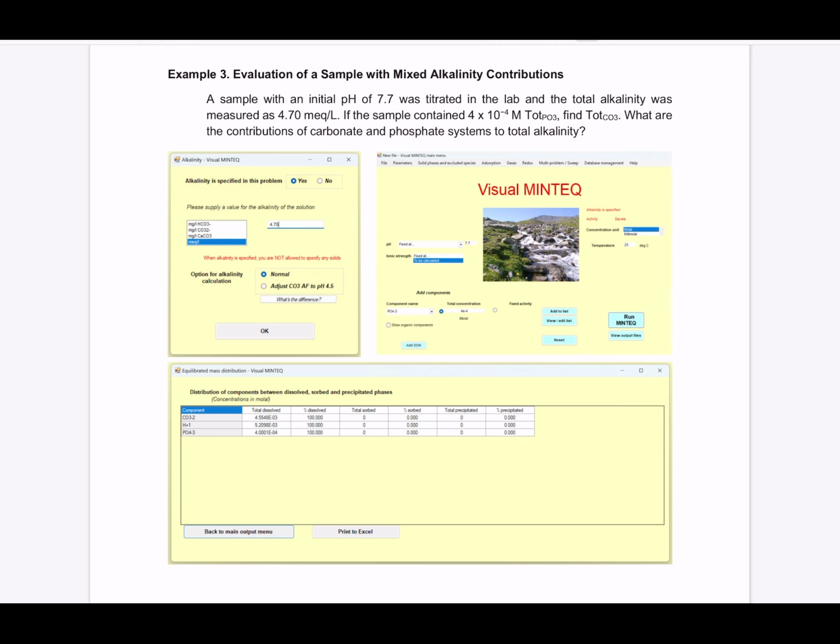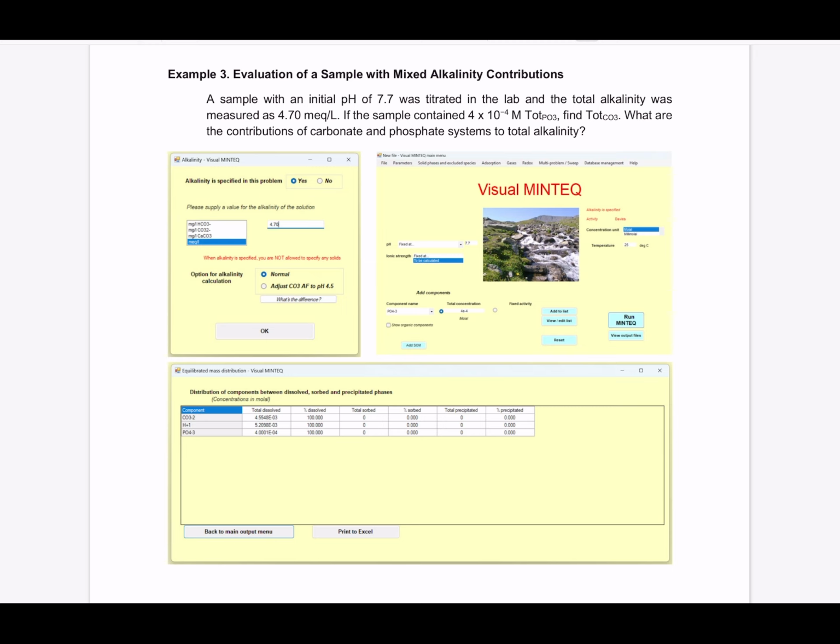And we already know that we have 0.4 millimolar of total phosphate, but we don't know how much total carbonate is in the system.